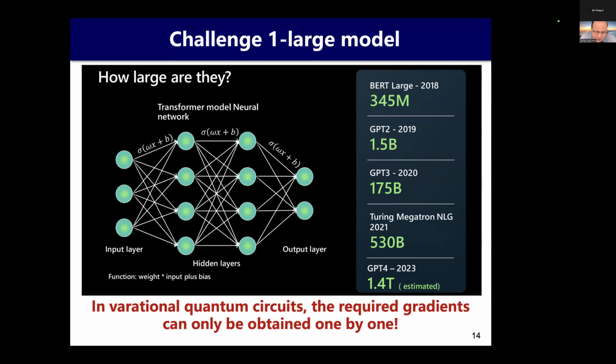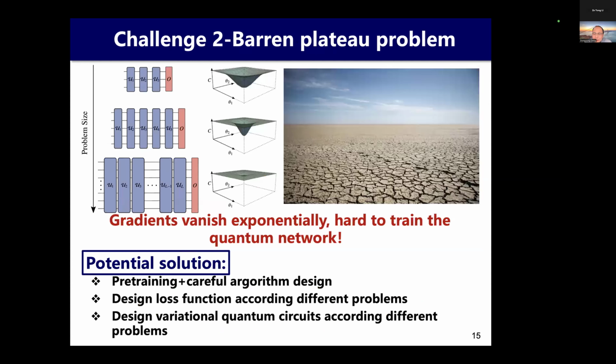In the quantum case, the gradient with respect to each parameter can only be obtained one by one. If your system size is small, it is okay. However, when you increase your system size to the scale of GPT, thousands of billions of parameters, then this cost is too huge, right?